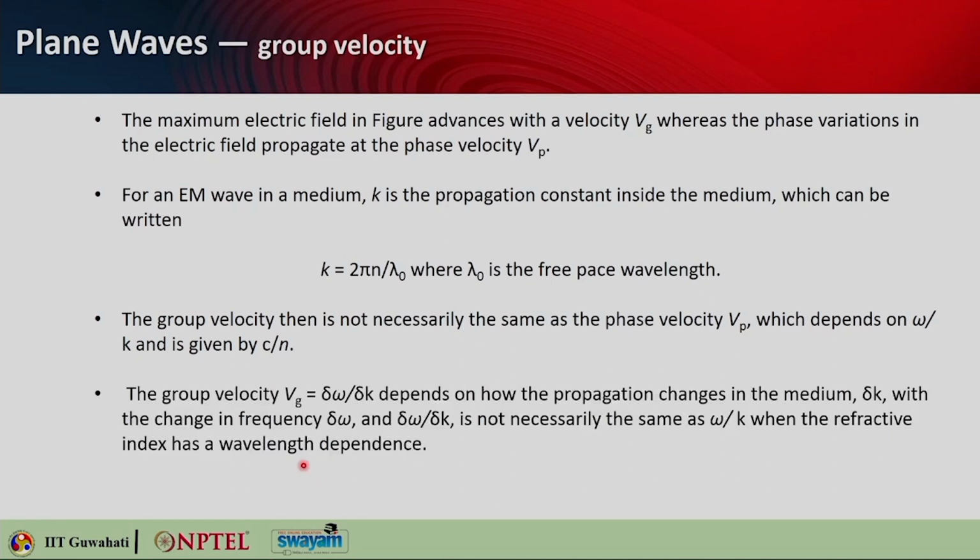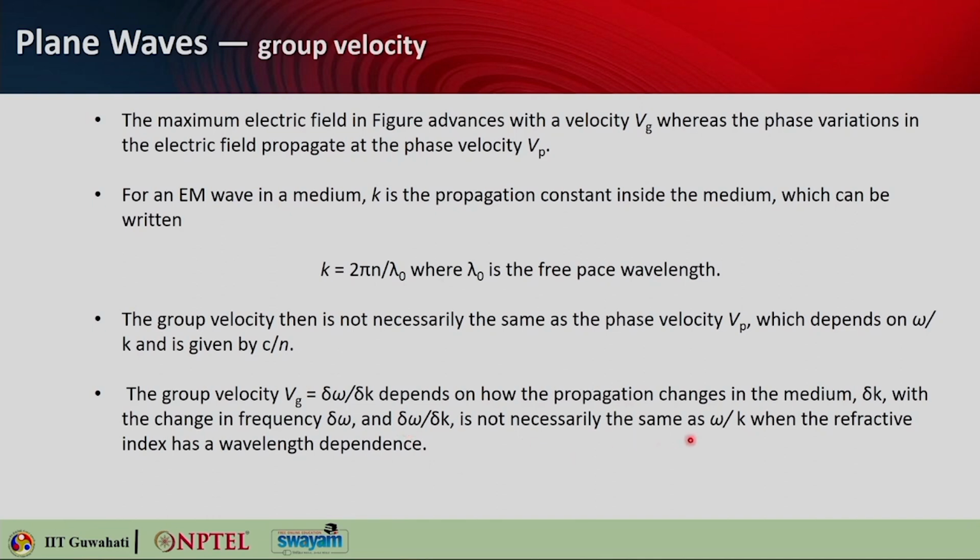So the group velocity definition, Vg equals dou omega by dou k, depends on how the propagation constant changes in the medium with the change in the frequency, that is dou omega. That is why this ratio is important for finding out the group velocity.